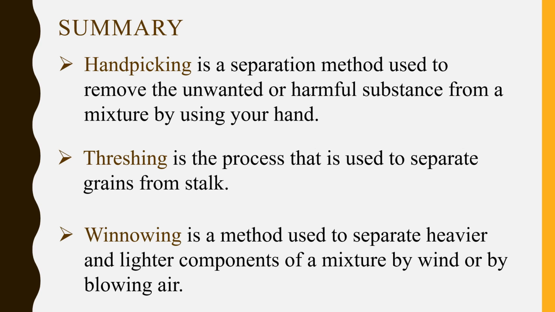Threshing is the process that is used to separate grains from stalk. And winnowing is a method used to separate heavier and lighter components of a mixture by wind or by blowing air.